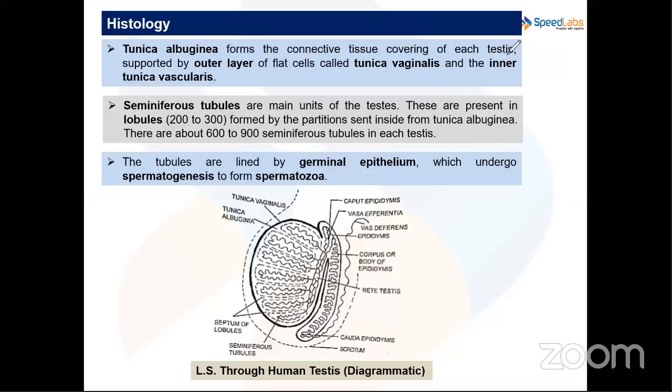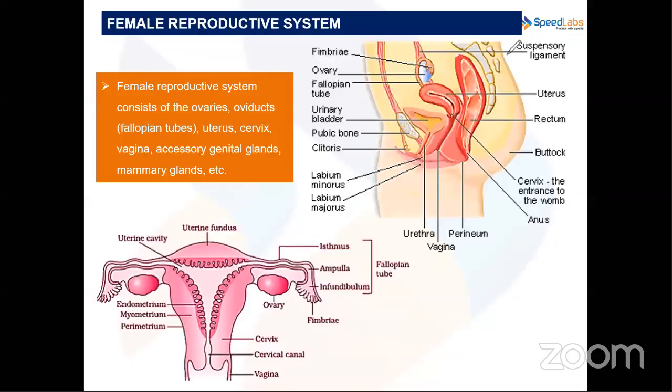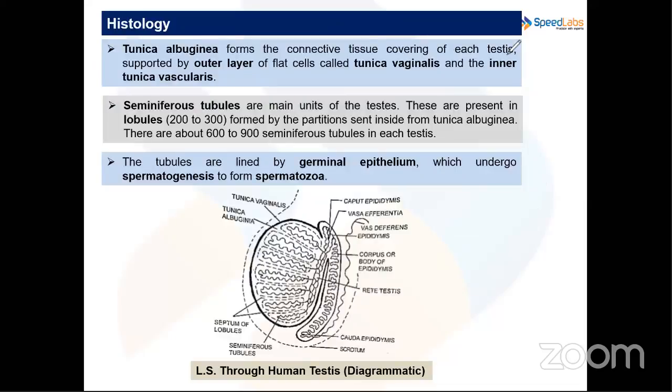This is actually what I was explaining, or even a clearer diagram. So look at this diagram. This is inside of the testis. So this is what is there inside the testis. Can you see this tunica albuginea?